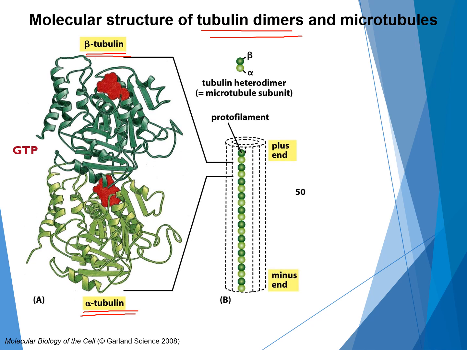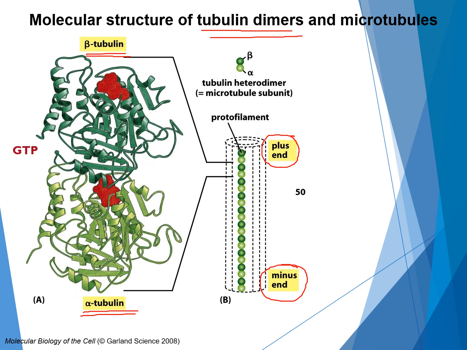It's just like a straw. If you can see here, they are arranged in this direction. Similar to the microfilament, microtubule also has a plus end and a minus end. This gives a direction to the motor protein when it wants to use the microtubule as a highway.